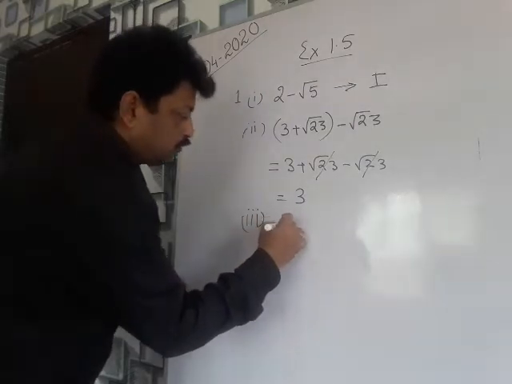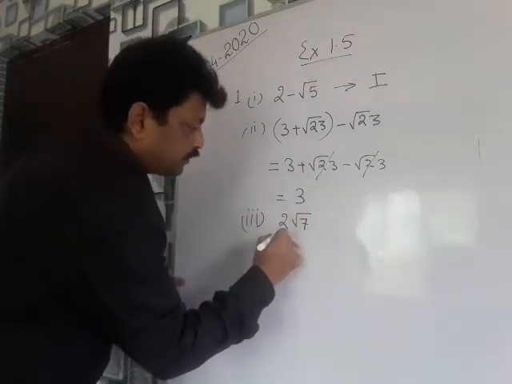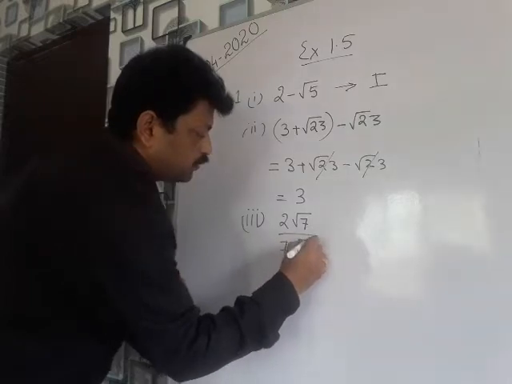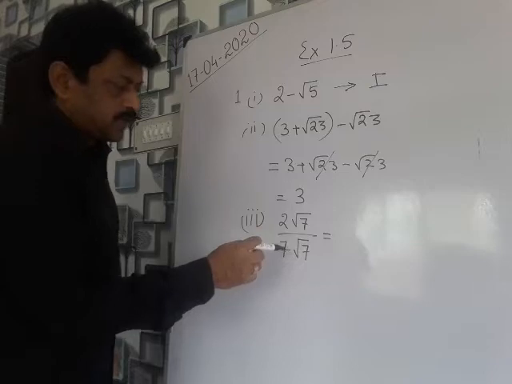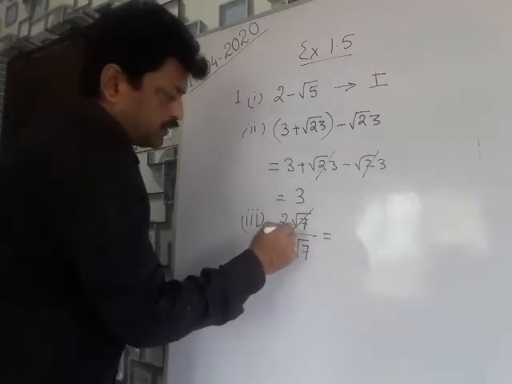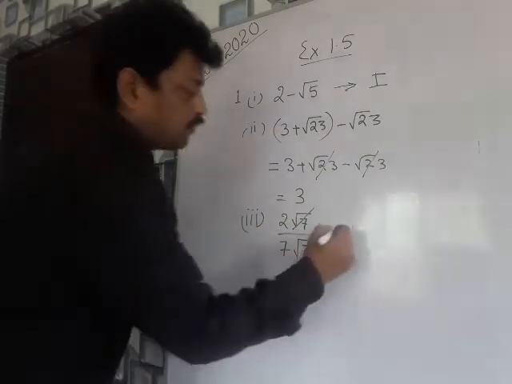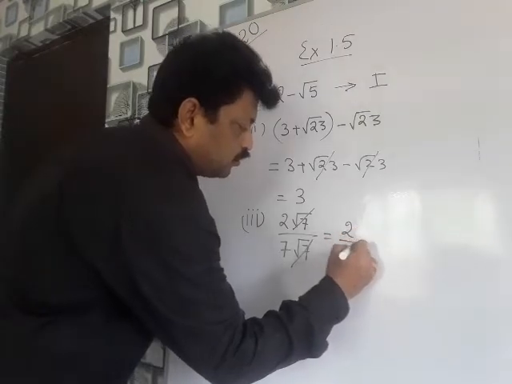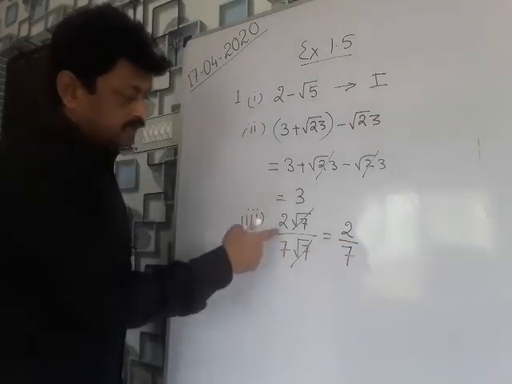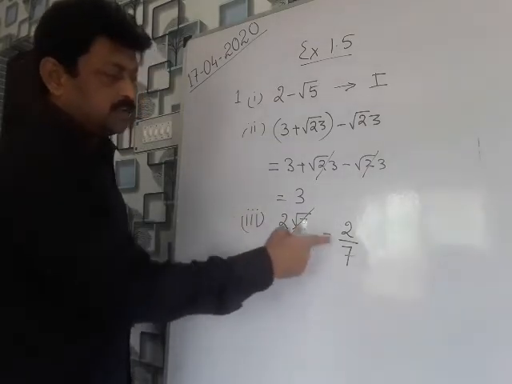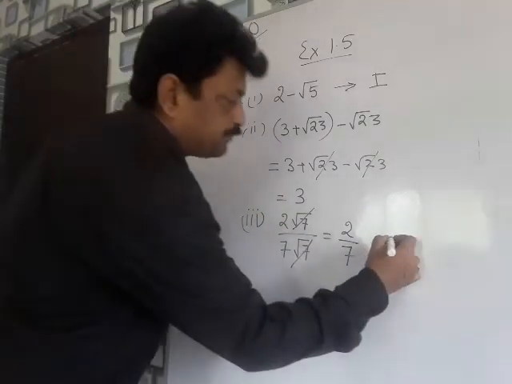Number 3, 2 root 7 divided by 7 root 7. So here also it is not in the standard form. This root 7 will be cancelled from both sides. We will get the result as 2 by 7. This is also rational. That is irrational divided by irrational. The result is rational.